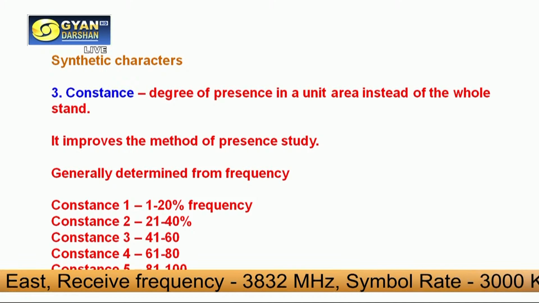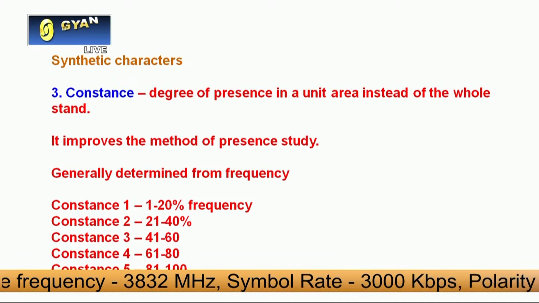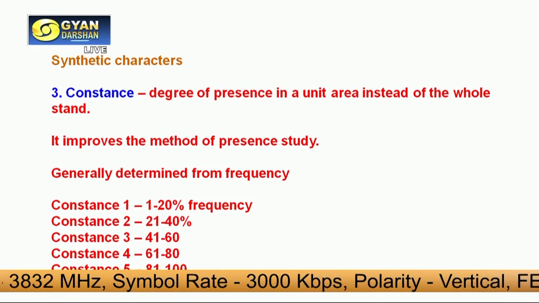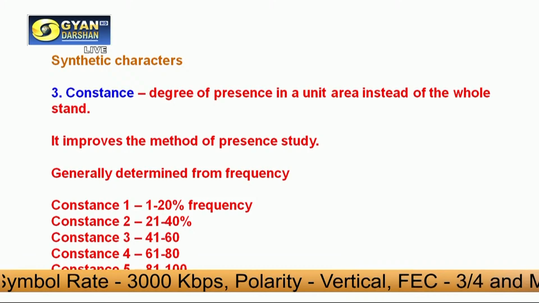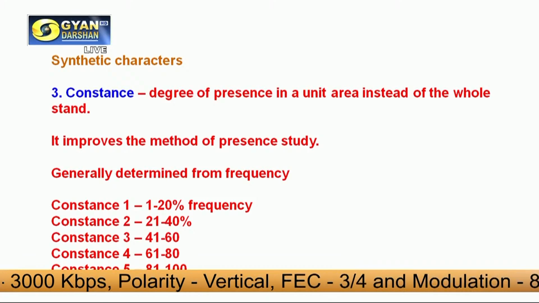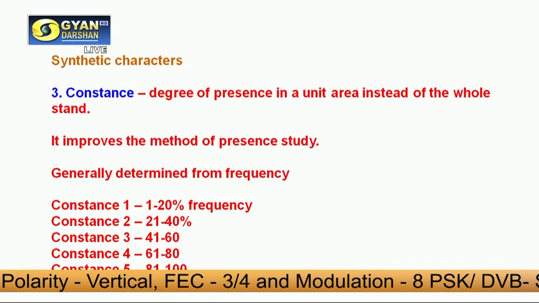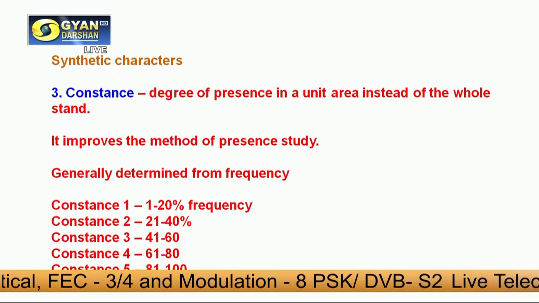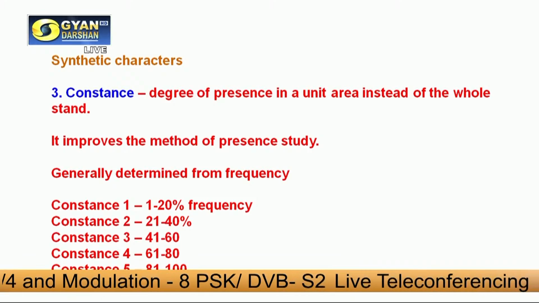Then we call it constance. So it improves the method of presence study. Again, constance 1, 2, 3, 4, 5. You have these 5 groups: 1 to 20%, 21 to 40%, 41 to 60, 61 to 80, and 81 to 100.